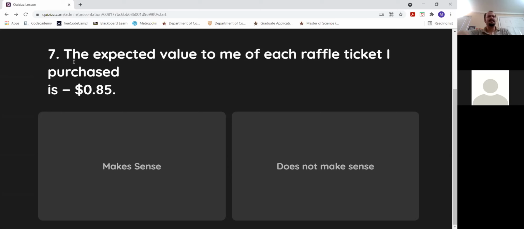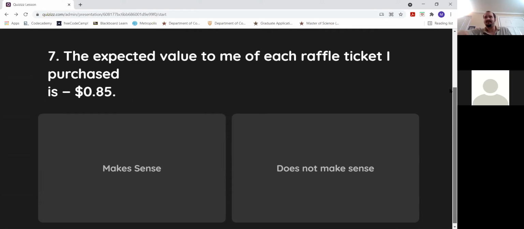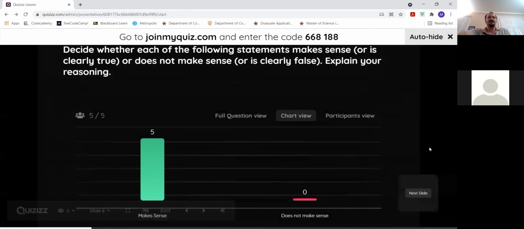So does it make sense that if I go buy a raffle ticket, I'm expecting to lose 85 cents, as the negative means? I'm probably spending $1 on the raffle ticket, so I'm not going to lose a whole dollar. I'm going to lose a little bit less than $1 because those prizes are going to make this go up a little bit. And so to me, I would say that makes sense.